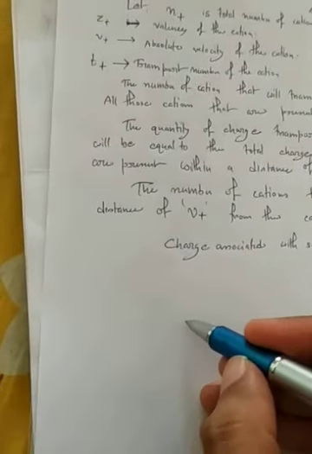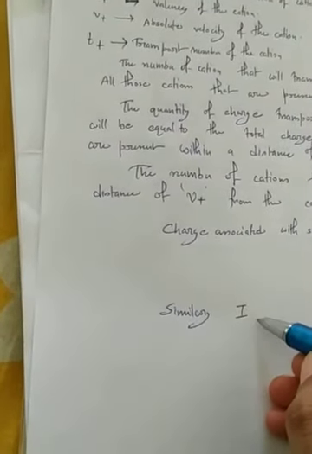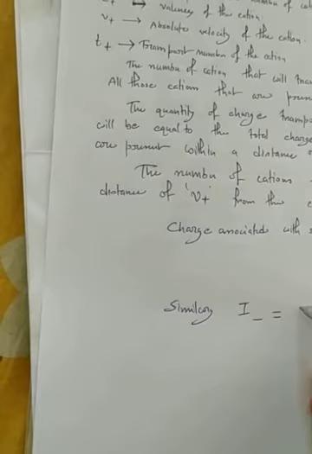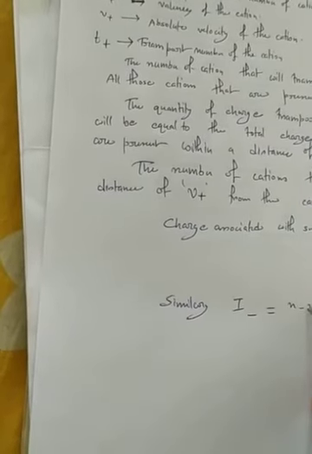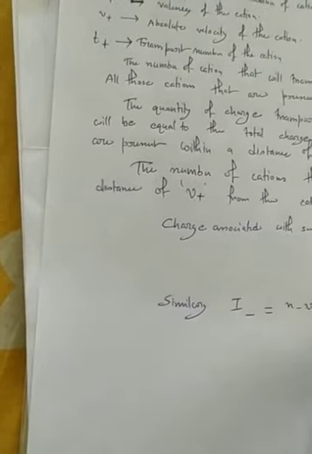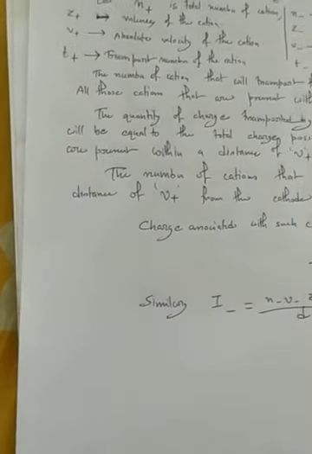Similarly, we can write I minus as N minus V minus Z minus E by D. This is true for the anode, the positive electrode.